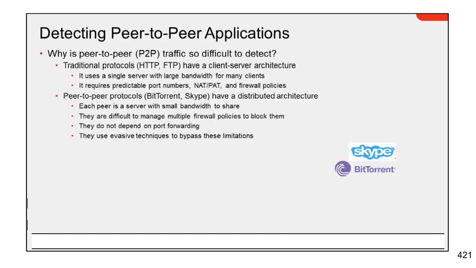Now, detecting peer-to-peer applications. P2P is used a lot. When HTTP and other protocols were designed, quite a while back, they were designed to be easy to trace. Because of that, administrators could easily give access to a single server behind NAT devices such as a router or firewall.